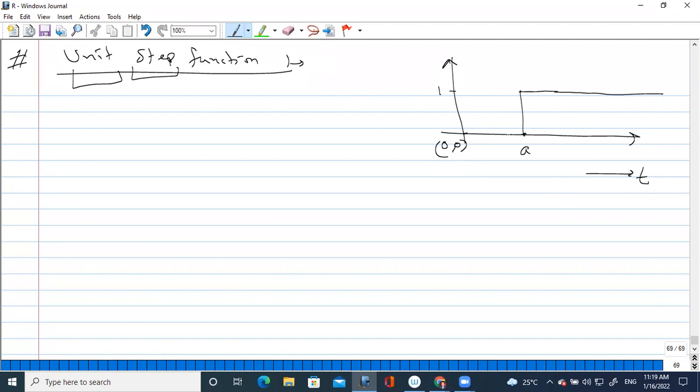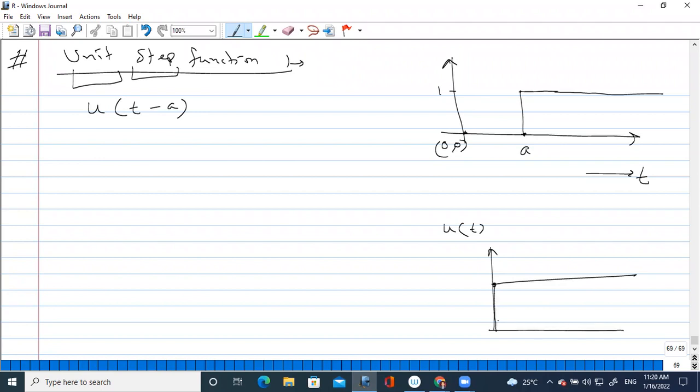Now this step can also be at 0. So it will start from 0 at that point. Because it is starting at a, you write this function as u(t minus a). If I say the step function starts at 0, then that function will be u(t), and it will start from here only.